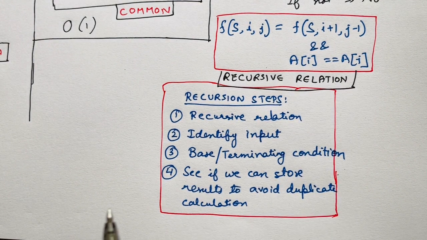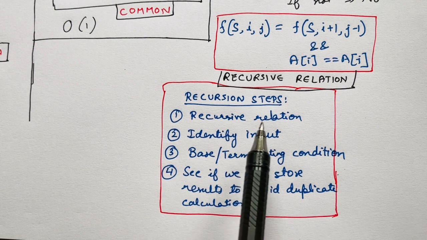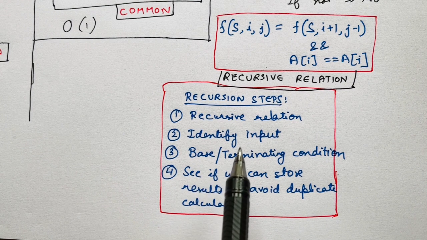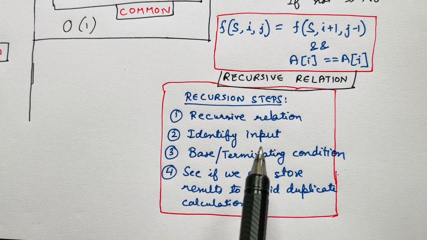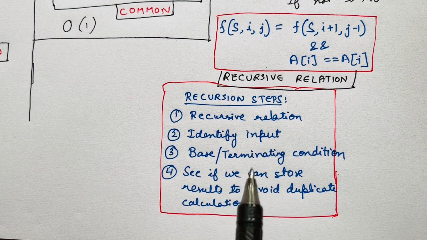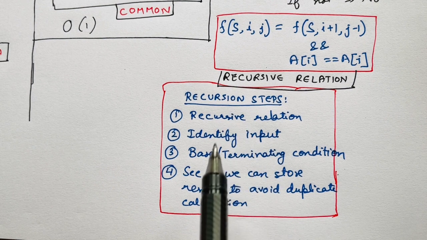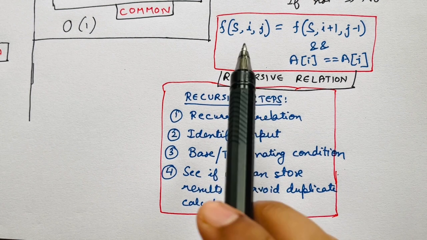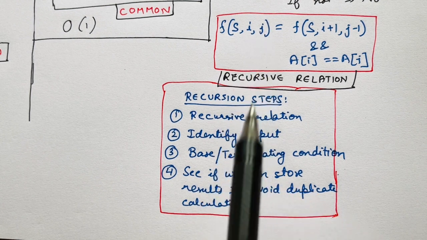So whenever there is a recursion question or recursion part in the question, we should always go through some steps. First of all, we should identify the recursive relation like we did here. Then we should identify the input. What will be the input to the recursive function or recursive call? So what will be the input here? We can clearly see that the input will be the original string, one starting position and one end position.